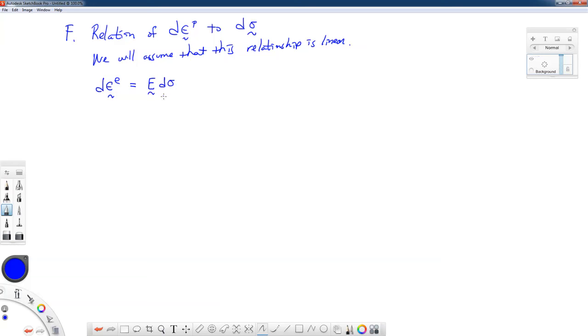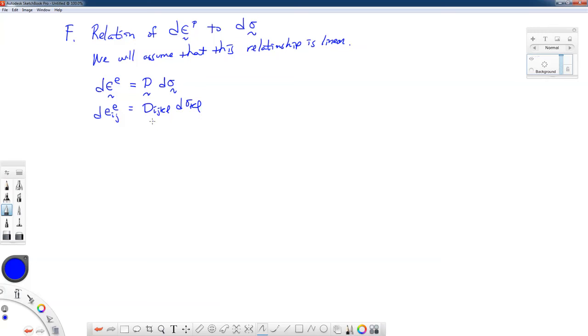I wrote that in terms of the stiffness. I should probably write that in terms of a different symbol. Let's just call it D. Or in terms of components, d epsilon ij elastic is equal to D ij kl d sigma kl.